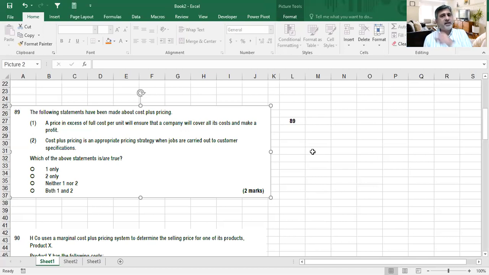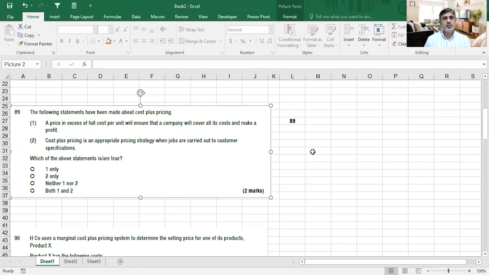So it means that my customer is paying for all of my inefficiencies. Therefore, it's a traditional, old method. It does not work in the modern business environment. It does not work in the competitive business environment. Cost plus pricing: whatever the cost will be, I will take it from the customer along with my profit.